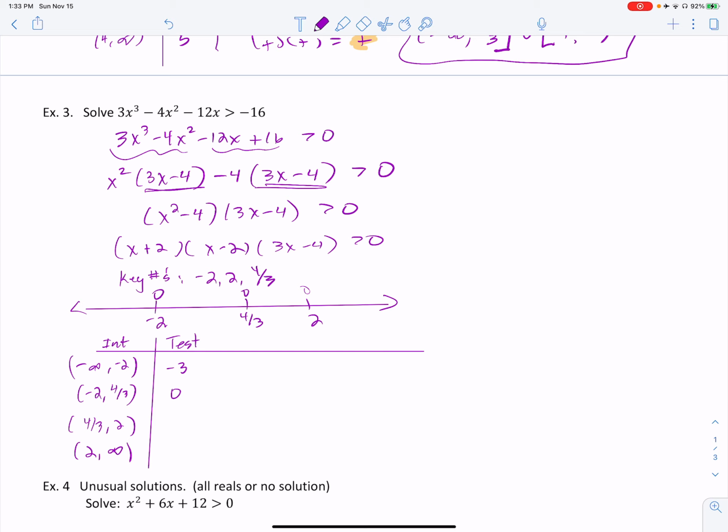In here, I would use a -3, and zero between -2 and 4/3. 4/3 is 1 1/3, so maybe 1.8 or 1.5. And to the right of 2, I would use 3. And then we're going to plug these into the factored form.